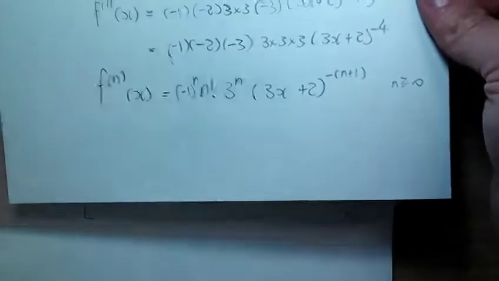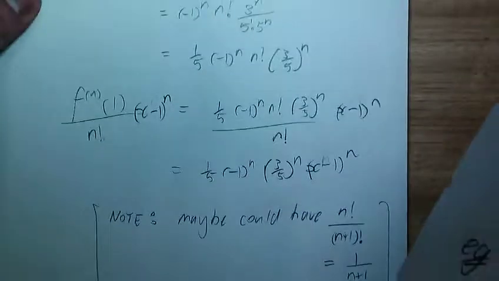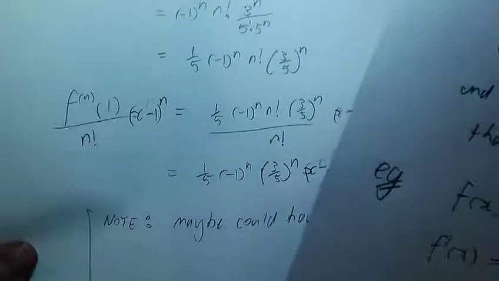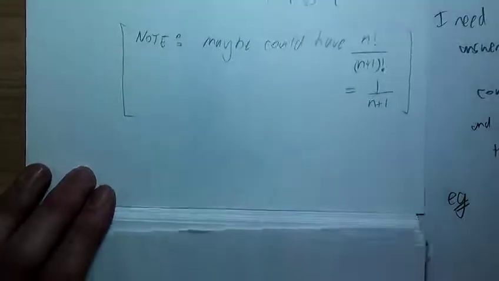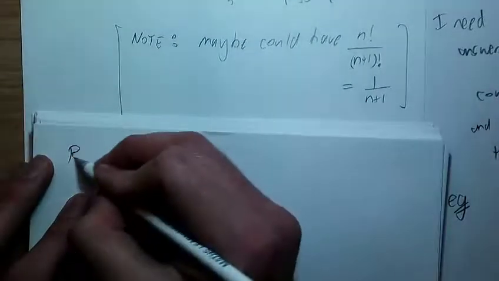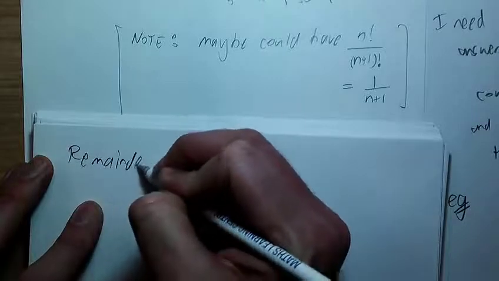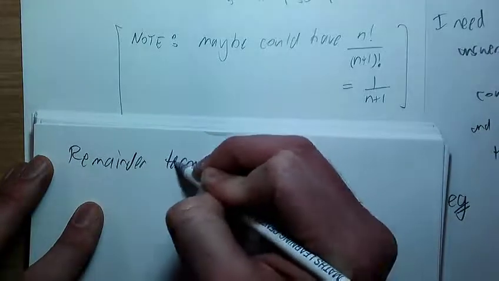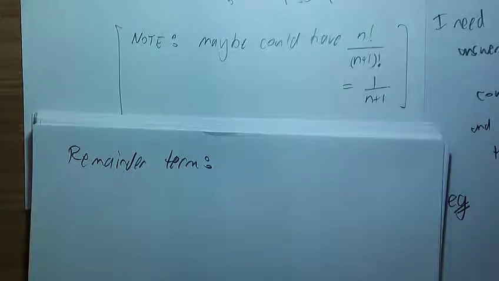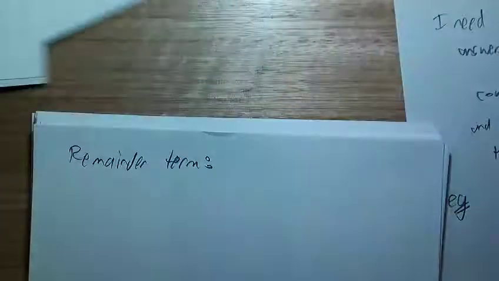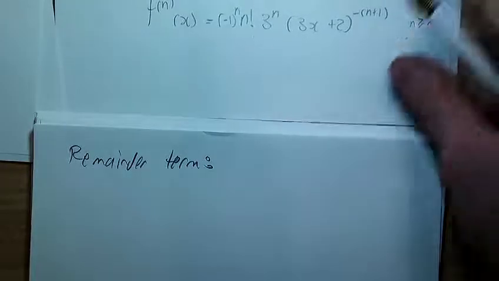So that's one thing that we could do using the information of the nth derivative, which was here. The other thing we could do using the information of the nth derivative is find the remainder term. So to find the remainder term, we need to go back to our nth derivative, which was here.